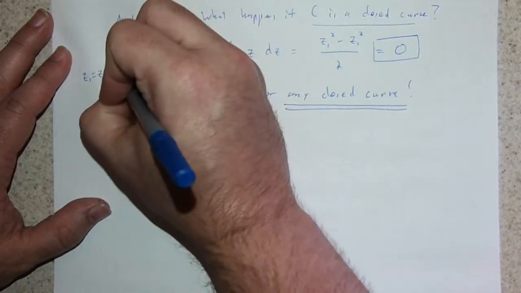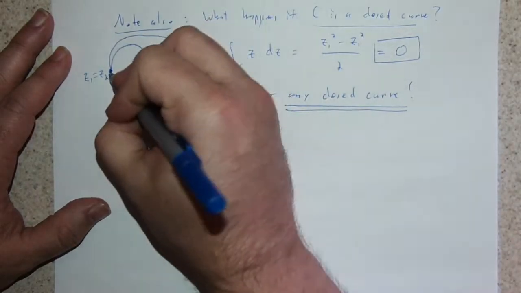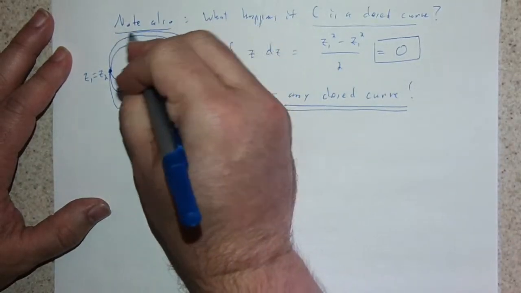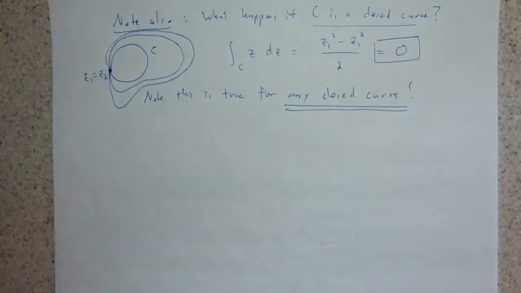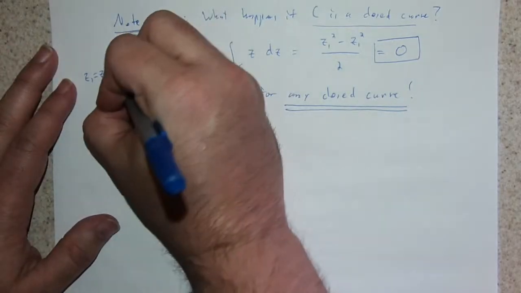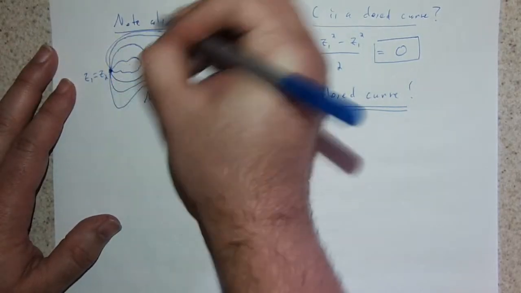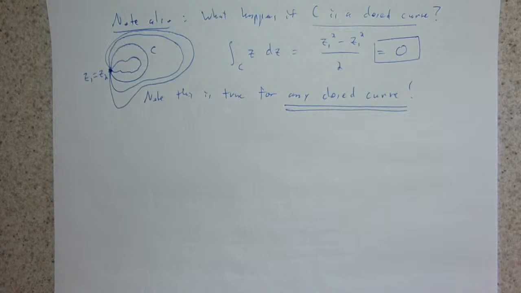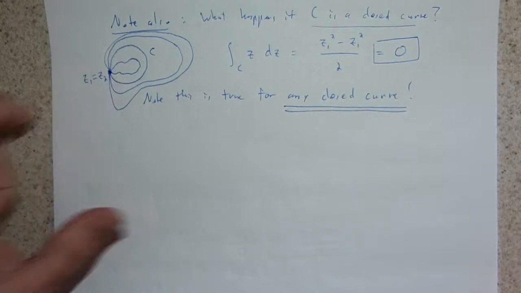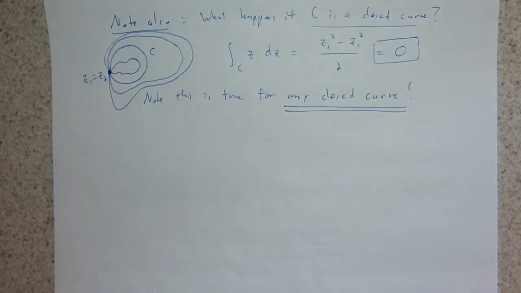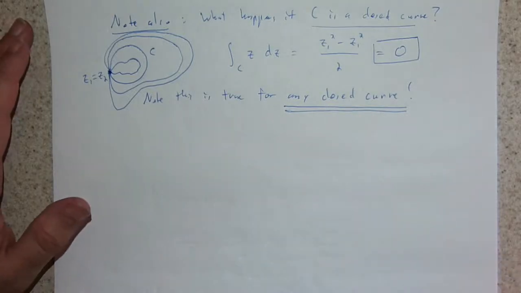I could have been dealing with something like this, I could have been dealing with something like this, and so on. I could have been doing all kinds of crazy stuff. Maybe that looks a little unsmooth, maybe at that point it looks a little sharp. Okay, but this is actually true for any closed curve.